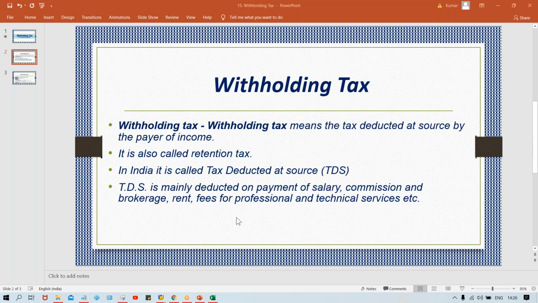Say for example, rent means a particular building or land that Tata Motor has taken on lease, and every month they are going to pay a certain amount. Now, this land belongs to either an individual or a particular organization. If it belongs to an individual, a different percentage is applicable. If it belongs to an organization, a different percentage is applicable, right?